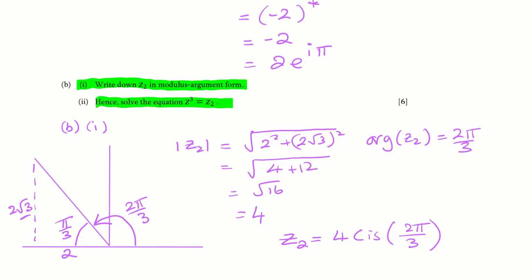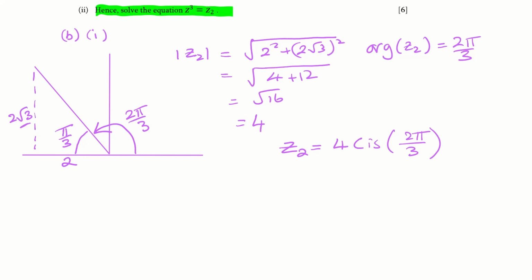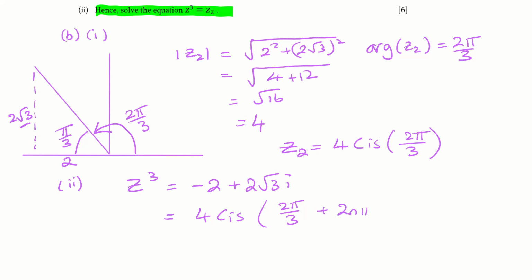Hence, solve the equation z cubed equals Z2. So, for B part 2, we have that z cubed is equal to negative 2 plus 2 root 3 i. We can say that that is 4 cis (2 pi by 3 plus 2n pi) for n belonging to the integers.